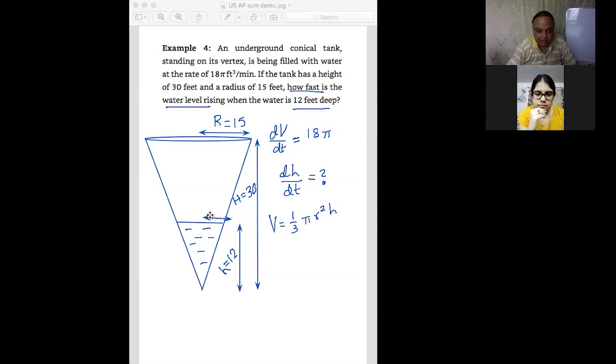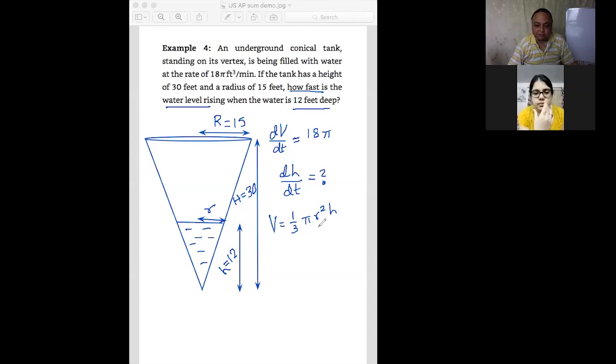Say this we take as R. Now the point is that we have to find a relation between dV by dt and dH by dt. Now this R has to be removed from here. That is the only exercise we've got to do.